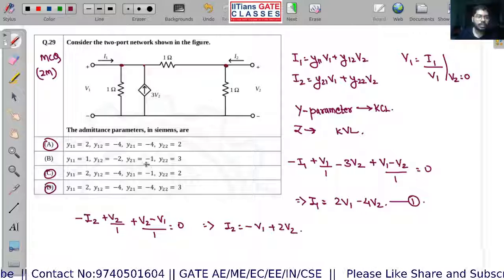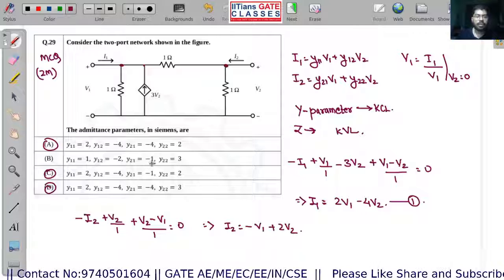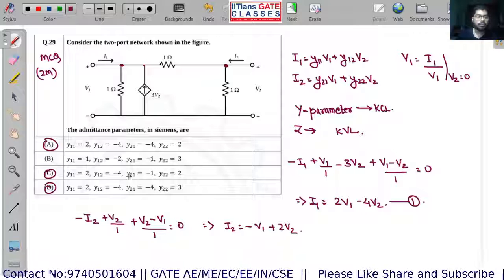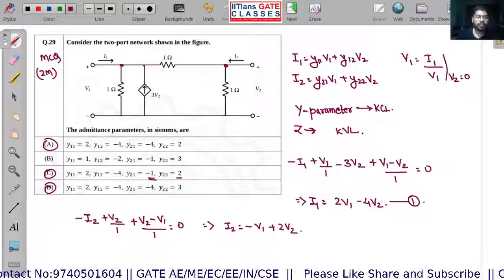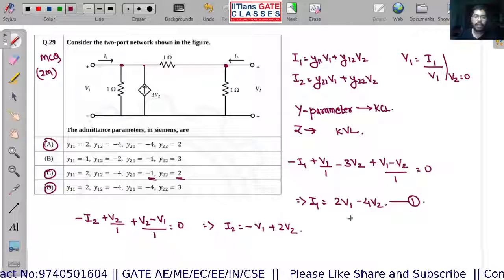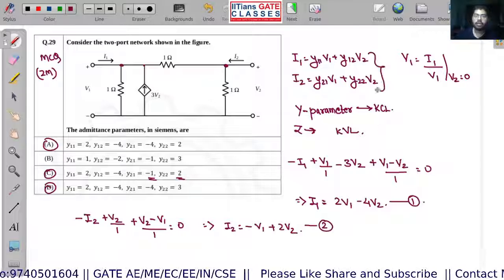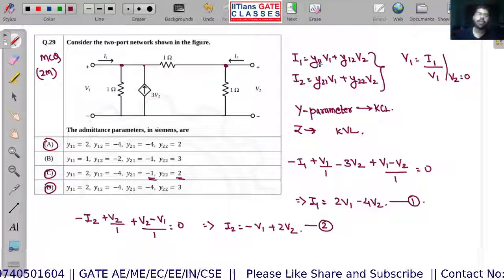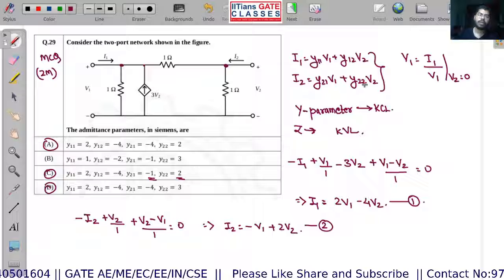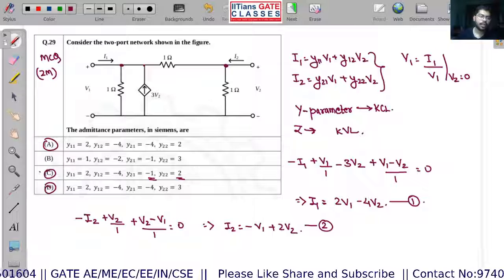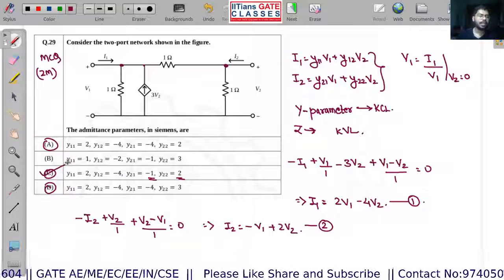Out of these options, where do you see such values? Minus 1 plus 2 we have here. If I compare these two equations, equation 1 and equation 2, with the Y parameter equations, you will get the values of y11, y12, y21, y22. So for that, option C is the correct answer.